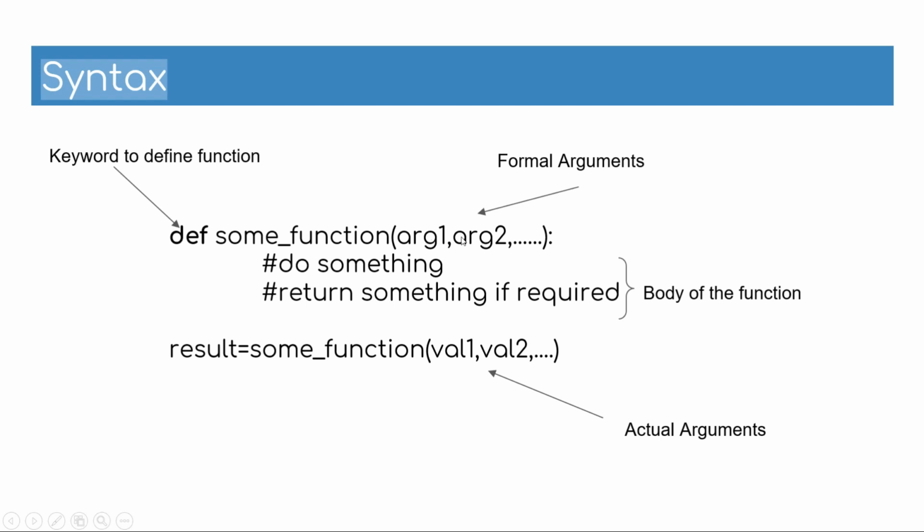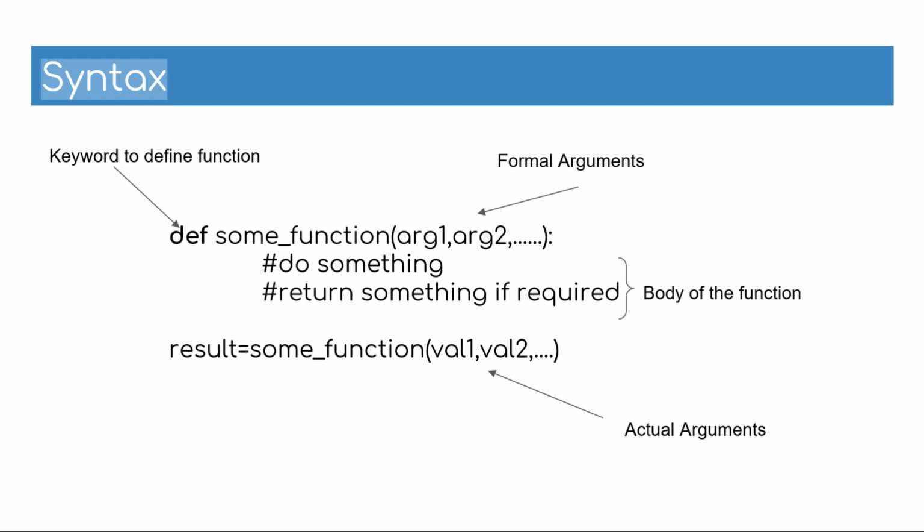So a comma b can be specified over here. And if you want to do something, then you can add them and return the sum if required. Returning is not necessary, but let us understand there are two types of functions: where you want to return something and where you do not want to return something. Let us say, for example, I said calculate the sum of 5 and 6.